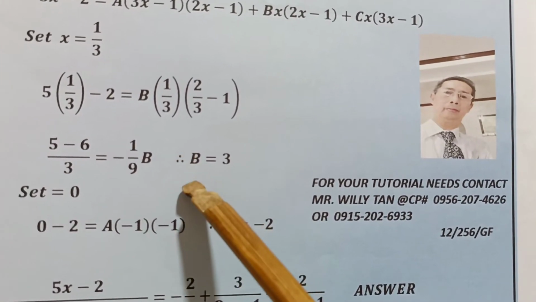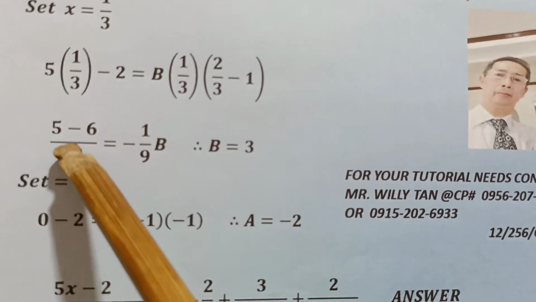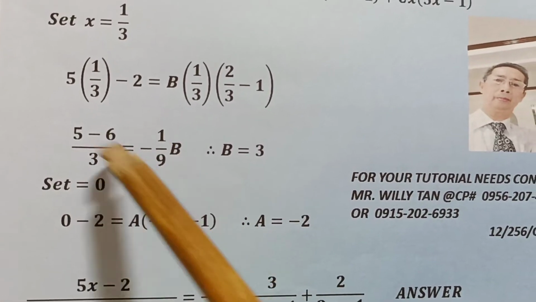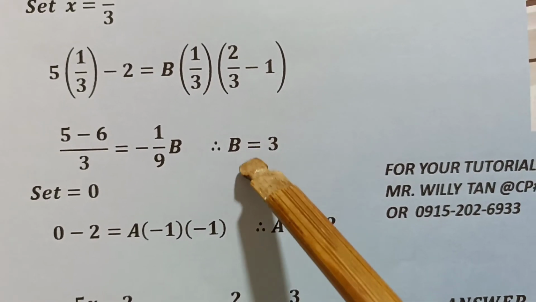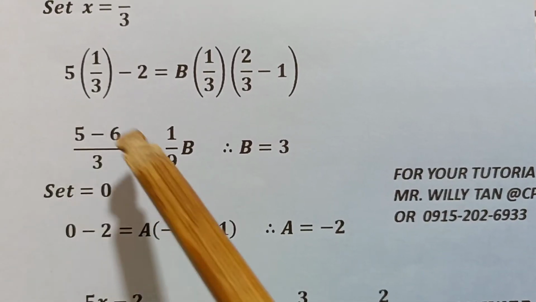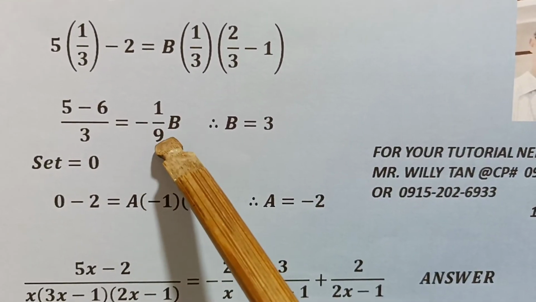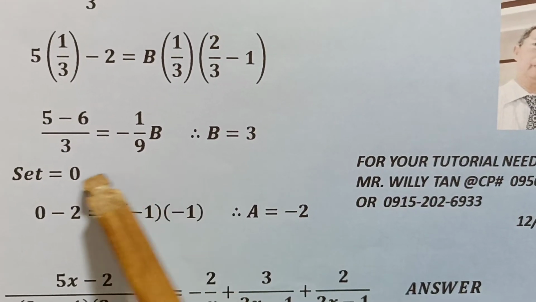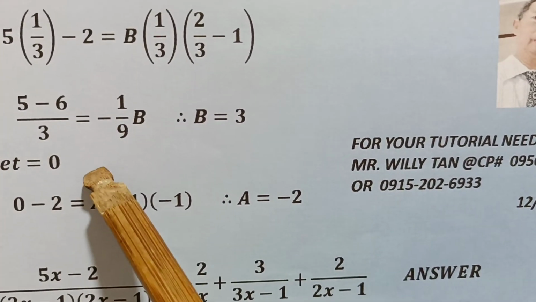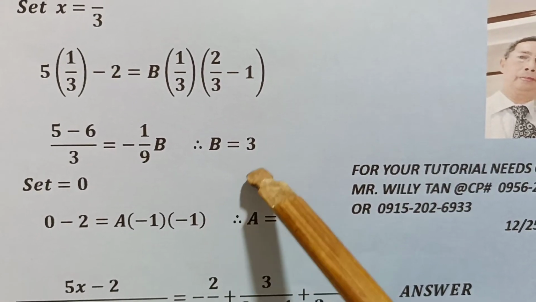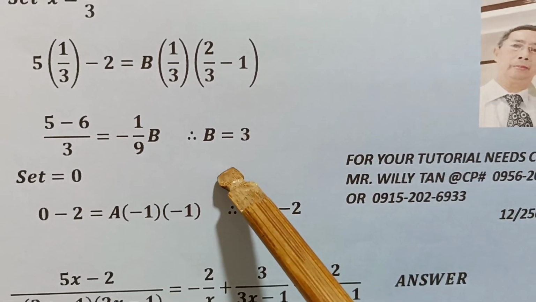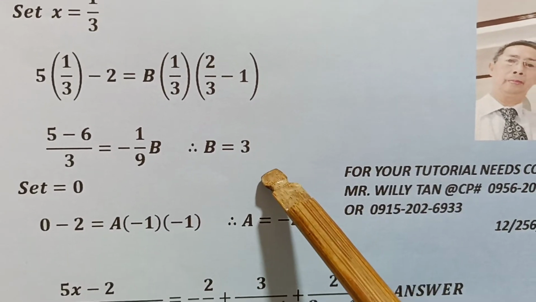So b is equal to, since this also is equal to negative 1/3, b is equal to 3, since we multiply the whole equation by 9, or negative 9. So now we have the two values for our two variables: c is equal to 2, and b is equal to 3.